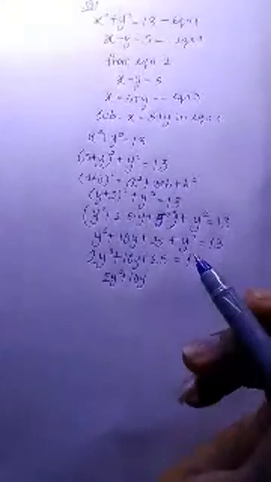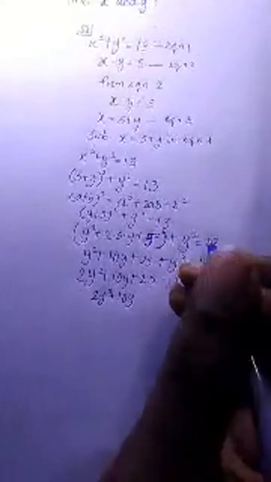We bring the 13 over, so it becomes minus 13 equals 0. So we have 2y squared plus 10y, and 25 minus 13 gives us 12, equals 0.